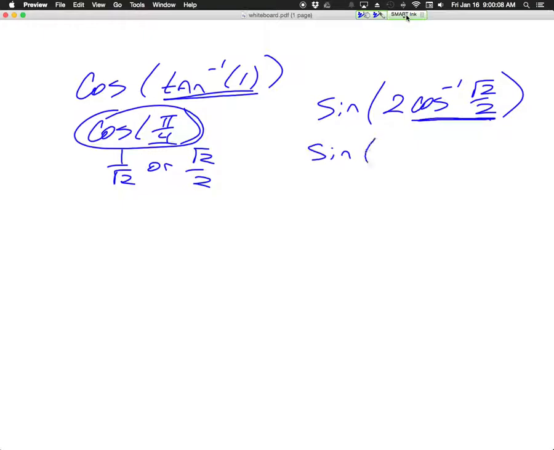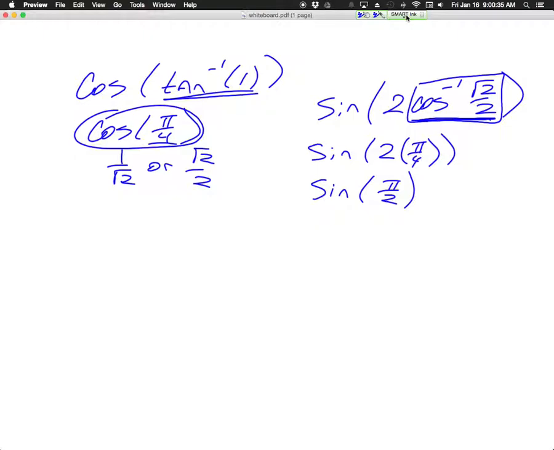Because we're going to figure out the answer to this, and then multiply it by 2. So what's my match for cosine and square root of 2 over 2? Pi over 4. So that's pi over 4, and 2 times pi over 4 makes pi over 2.